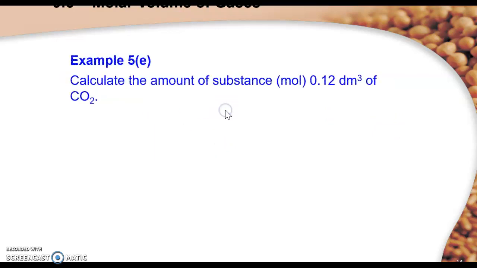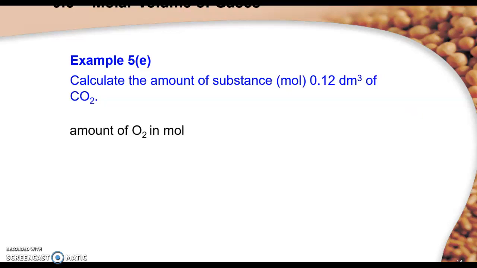Sorry, I'm going to move on to question 5E, which is to calculate the amount of substance. In this case, what do you notice about the given value? It is 0.12 dm cube of carbon dioxide. So you should think about whether I should be using the molar volume formula or the molar mass formula.